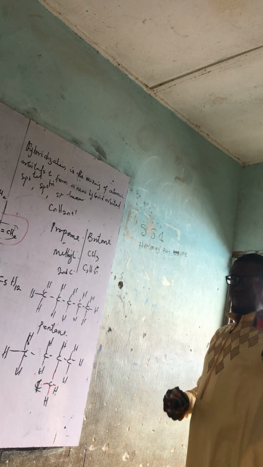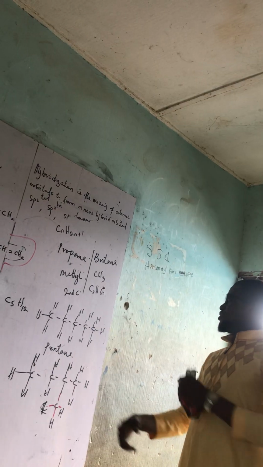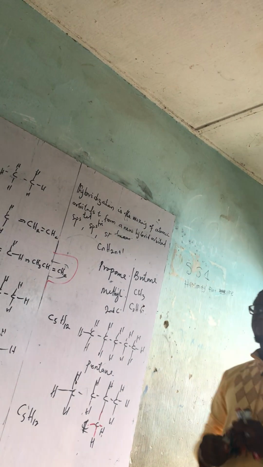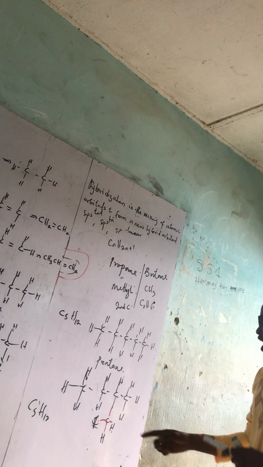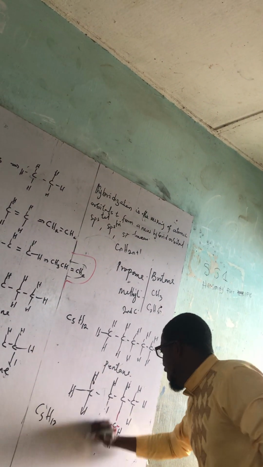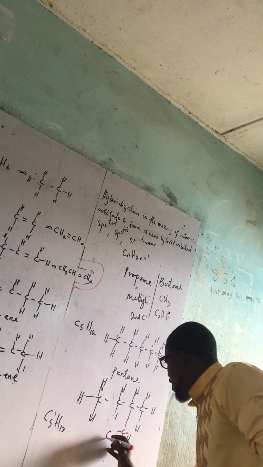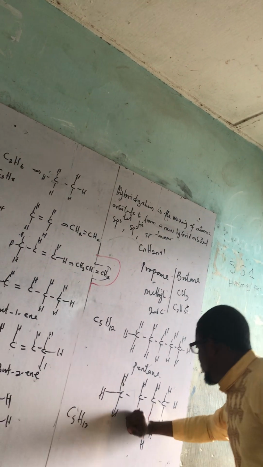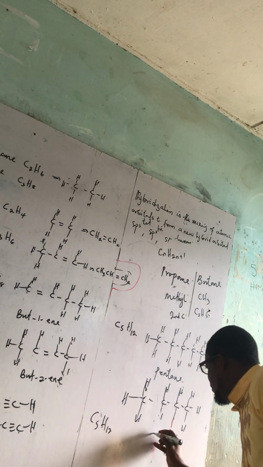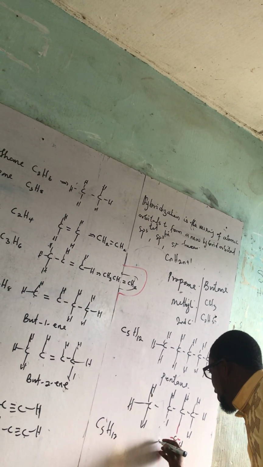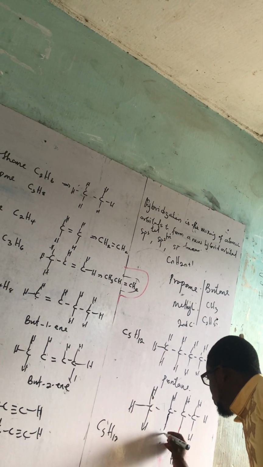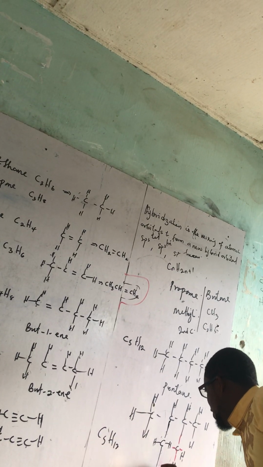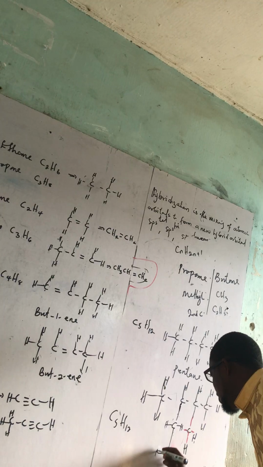However, I can have 2 different attachments on 2 different carbons. How do we go about it? I can have an attachment here, I can have another one here. Let's say I have C to C. So I have hydrogen, then I have hydrogen.